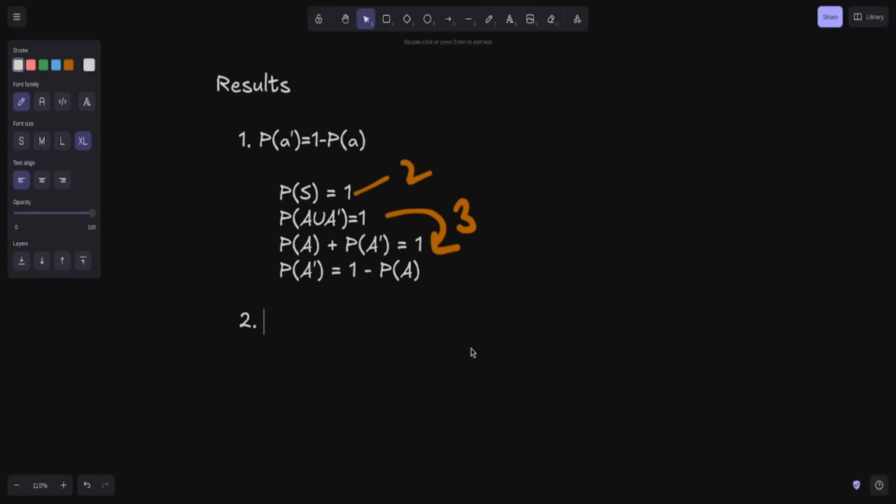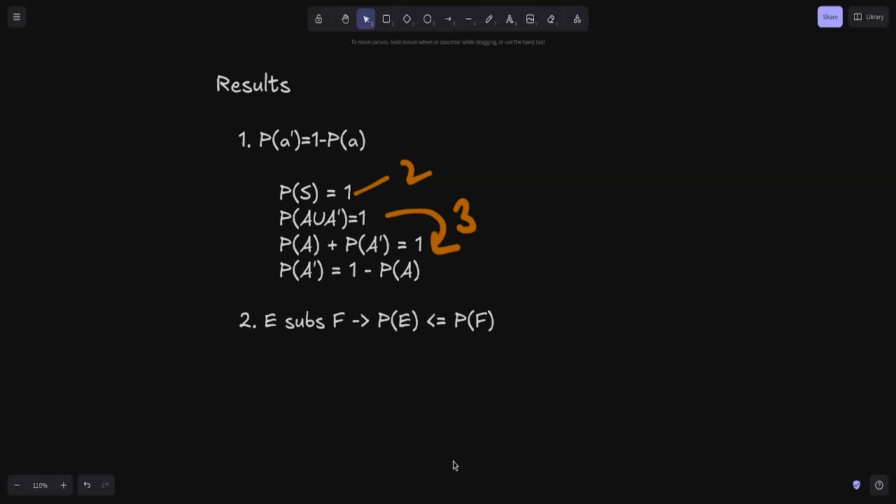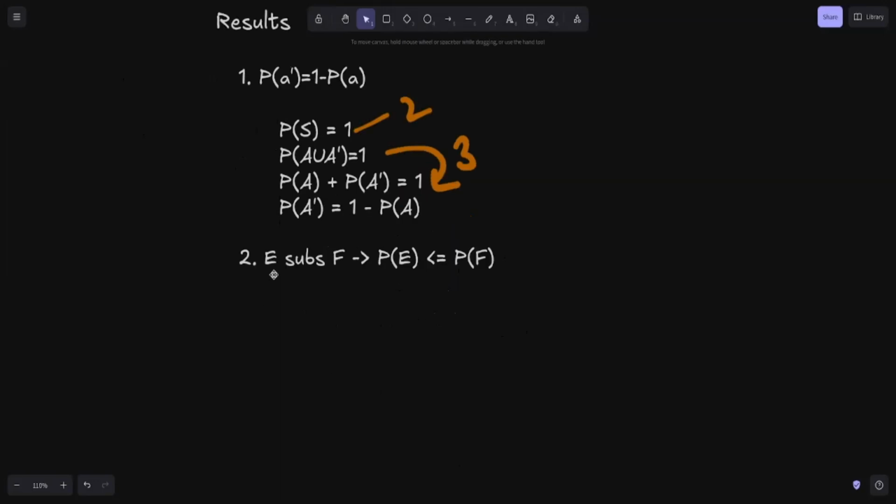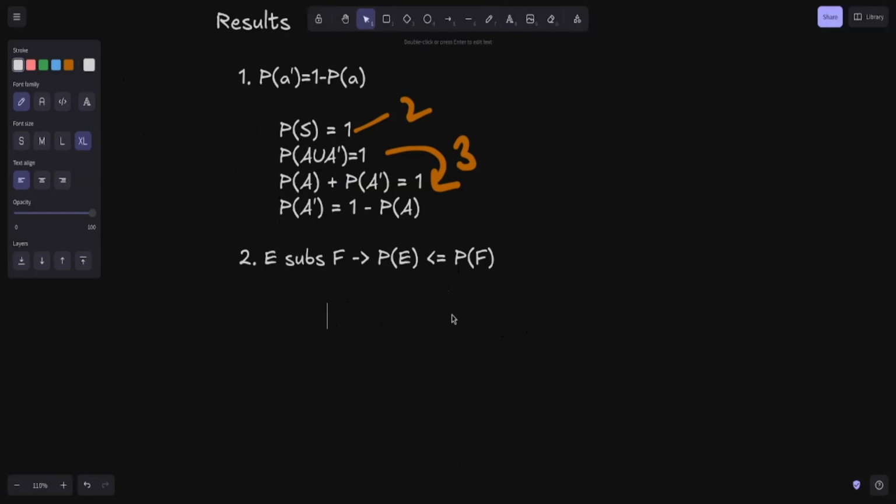The second proof says if E is a subset of F, that means P of E will be less than or equal to P of F. This is very obvious. The size of E is less than F, so logically you can understand, under the same sample space, that it will be less than or equal. How can we do it easily anyway?